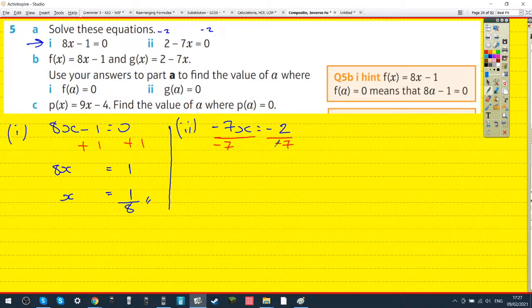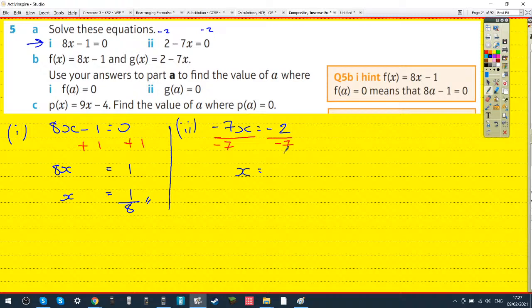Can I just do as a fraction? Yep. So -2 over -7.